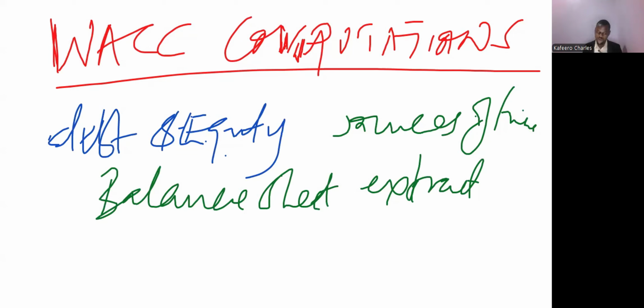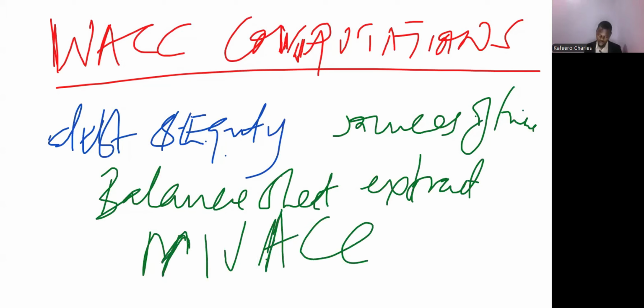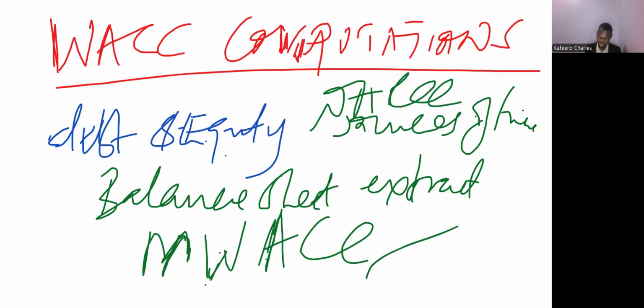The examiner will not tell you to compute WACC. Neither will the examiner tell you to compute MWACC, the marginal weighted average cost of capital, because on level 2 we computed two things, WACC and MWACC.